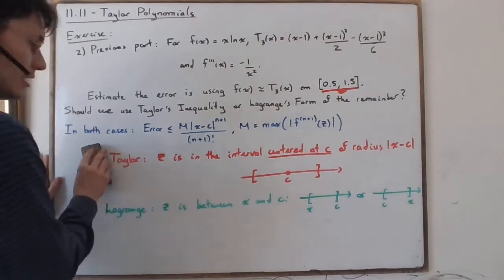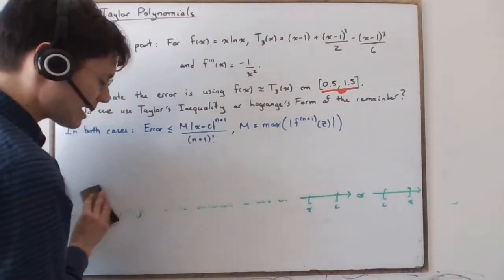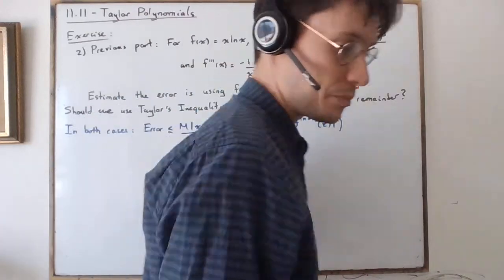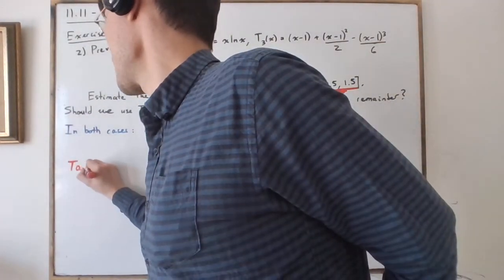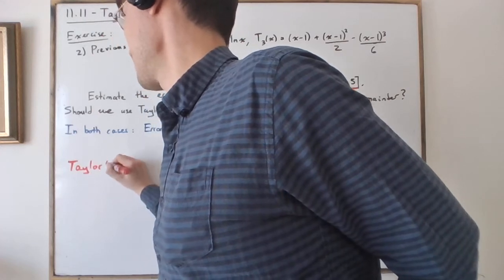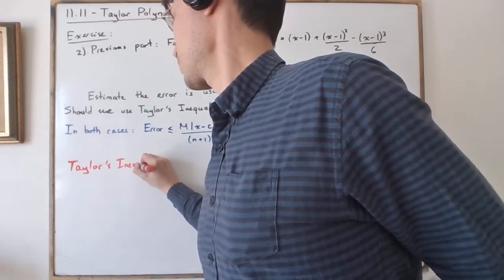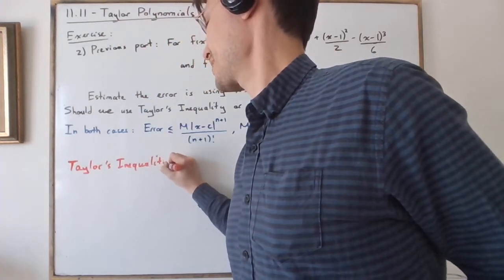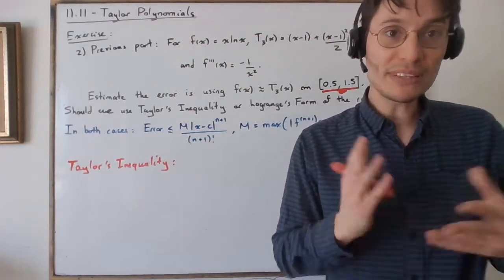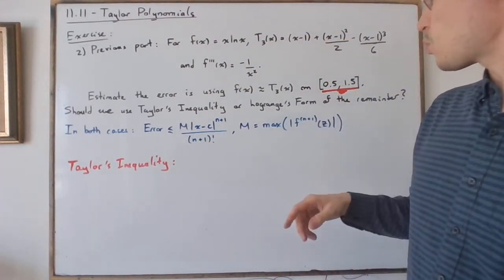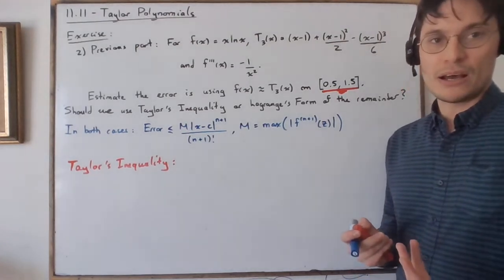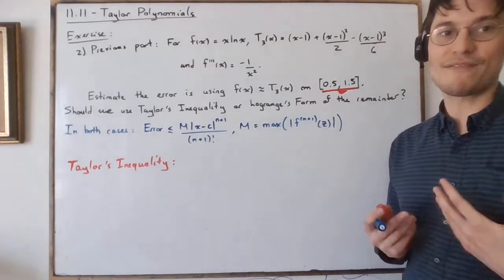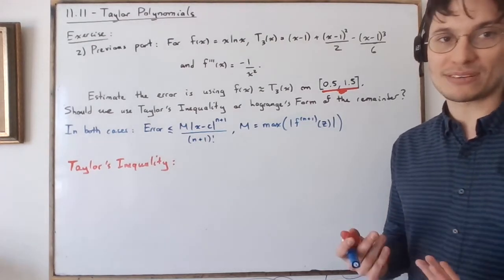So let's get going with that, and write down that we're going to use Taylor's inequality. There are several things to consider. Normally when you choose x, it depends on the value at which you're doing the approximation.